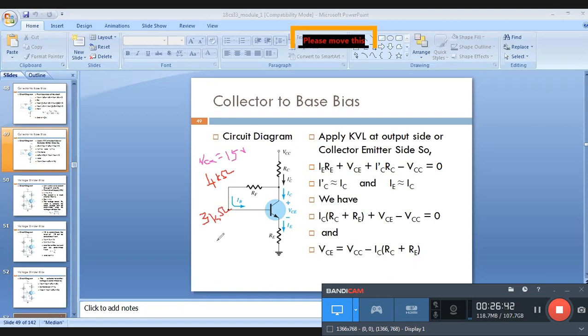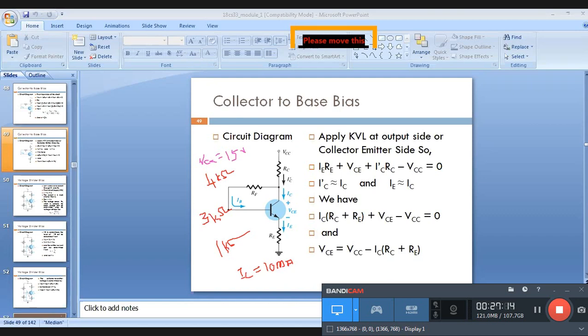RE is equal to 1 kilo ohm, and IC is equal to 10 microamps.